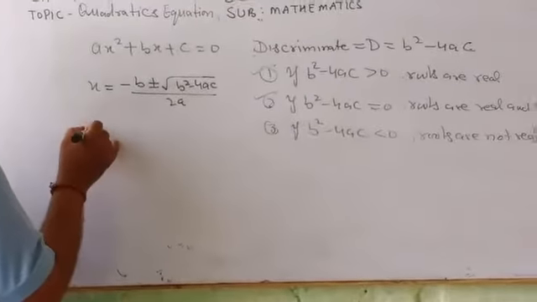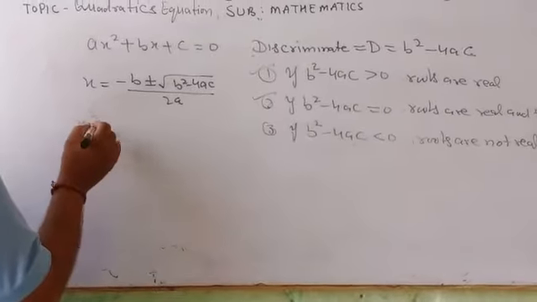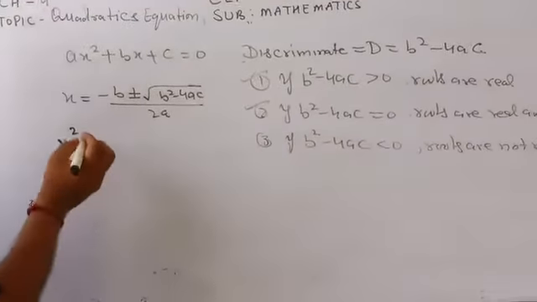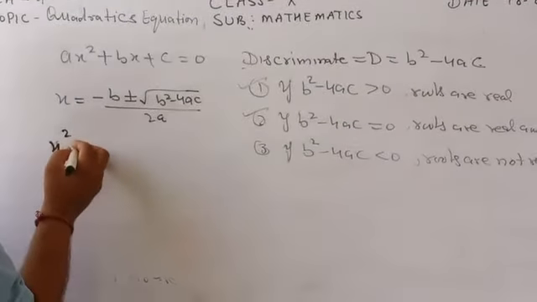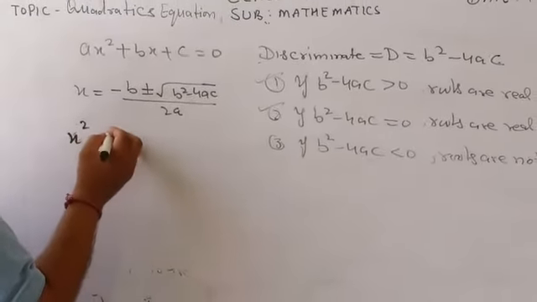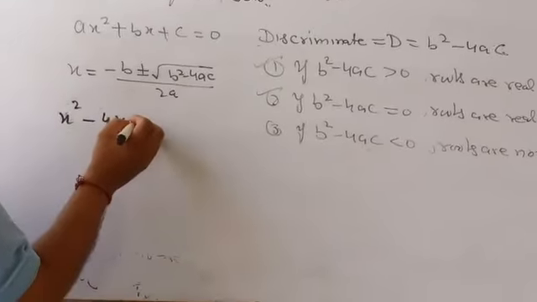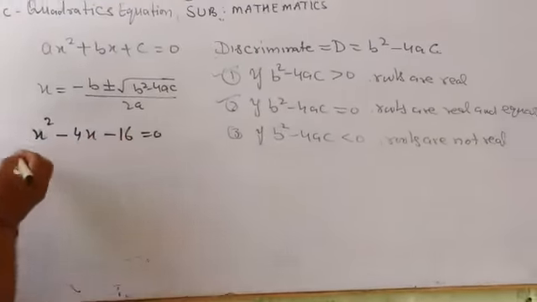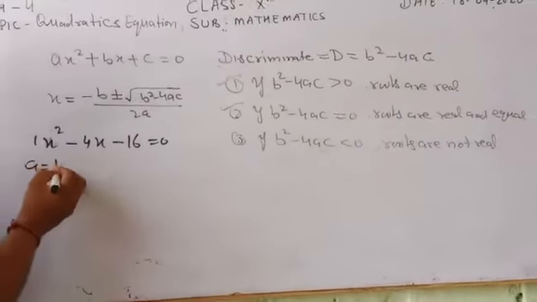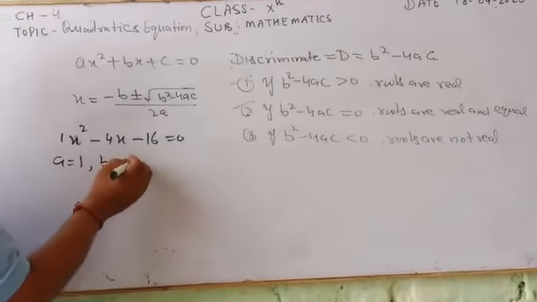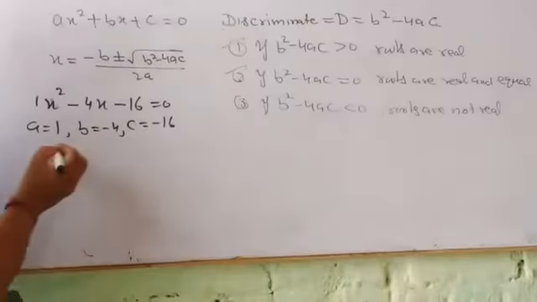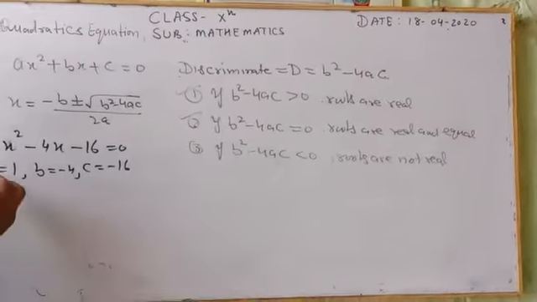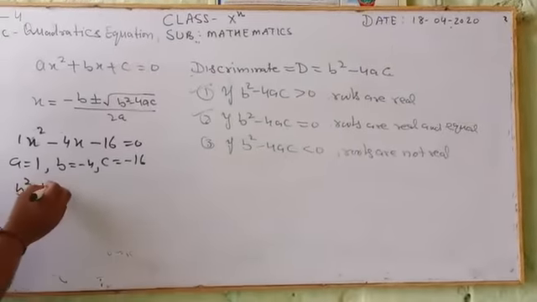Here we take another problem: x square minus 4x minus 16 equal to 0. So a equal to 1, b equal to minus 4 and c equal to minus 16. Students, look here, we check the discriminant b square minus 4ac.